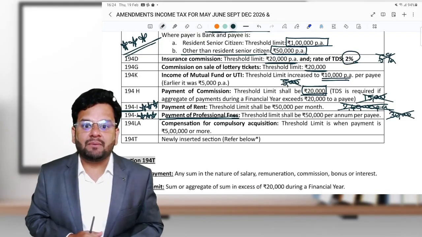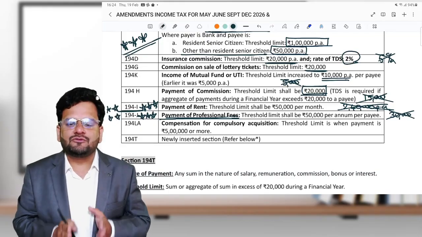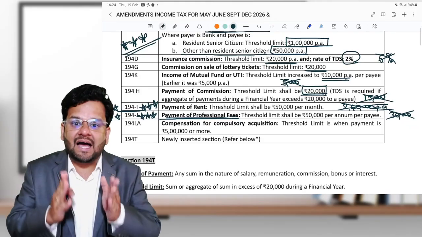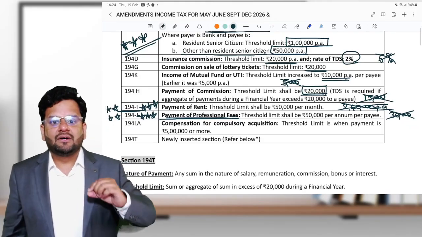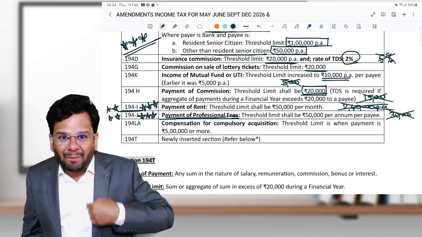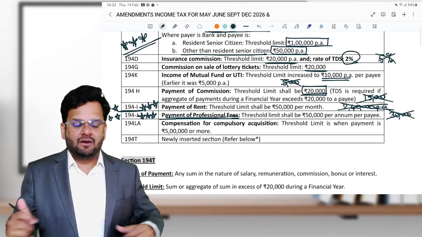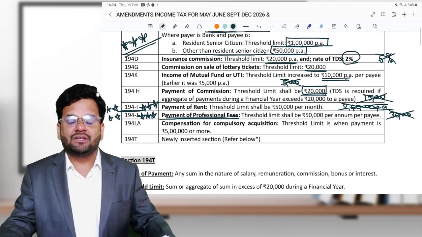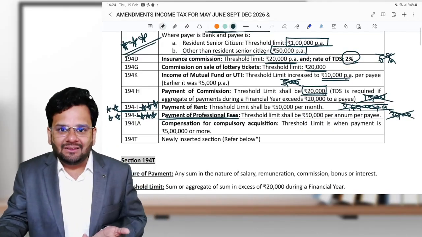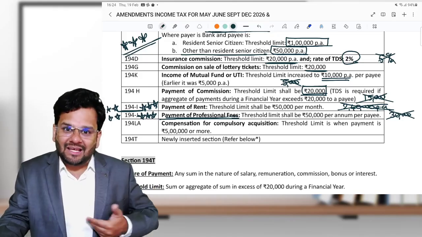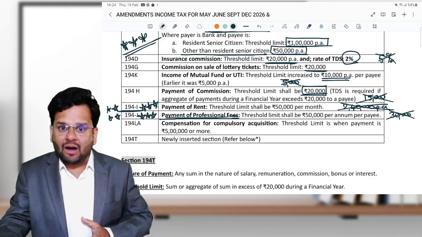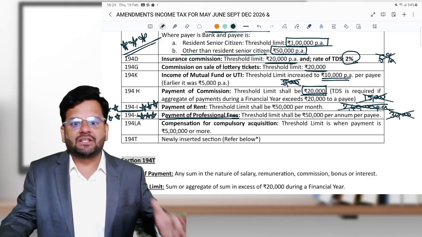Each nature of payment had a threshold limit of rupees 30,000 per annum. So if the amount paid to particular payee of particular nature of payment was exceeding 30,000, TDS had to be done at 10%. But now that limit is 50,000 rupees.